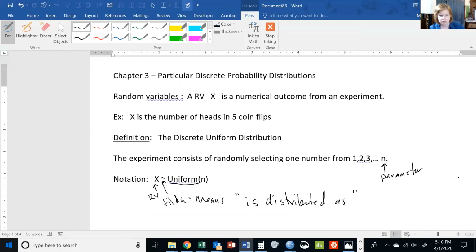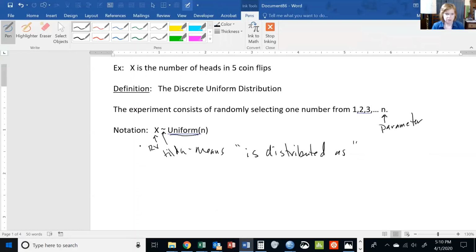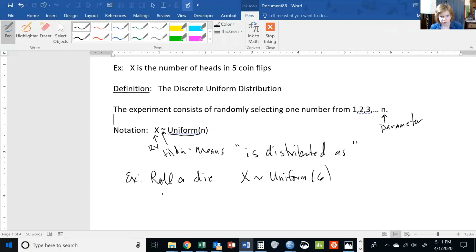So for instance, an example would be, if I roll a die, and x is the roll, we might say x has the uniform distribution with parameter 6, because there are 6 possible outcomes. Here, my outcome for my random variable can be not 0.